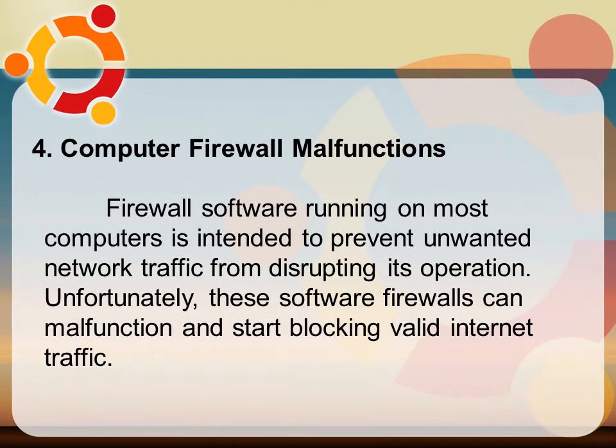Computer firewall malfunction. Firewall software running on most computers is intended to prevent unwanted network traffic from disrupting its operation. Unfortunately, these software firewalls can malfunction and start blocking valid internet traffic.